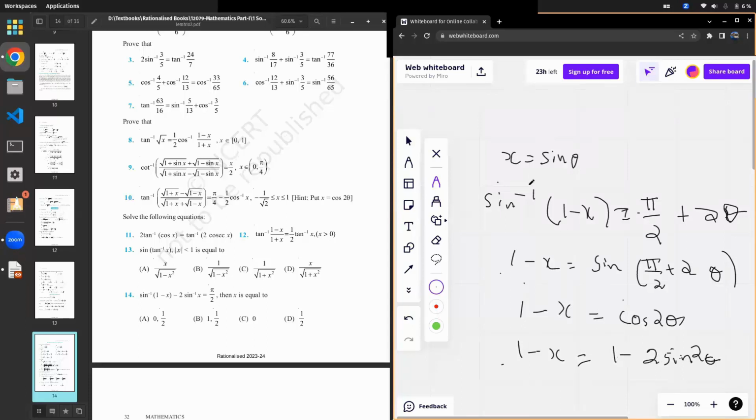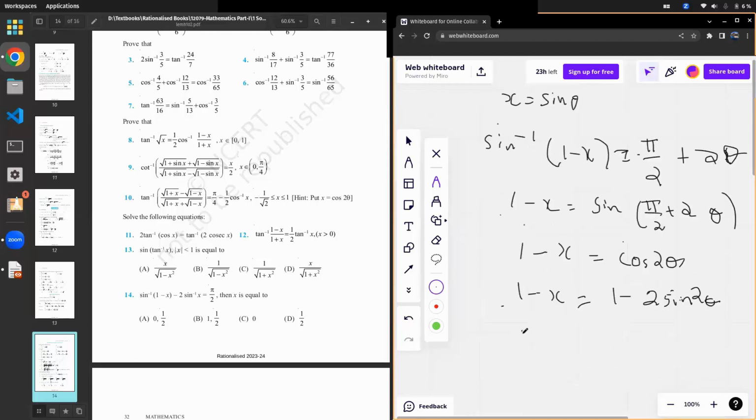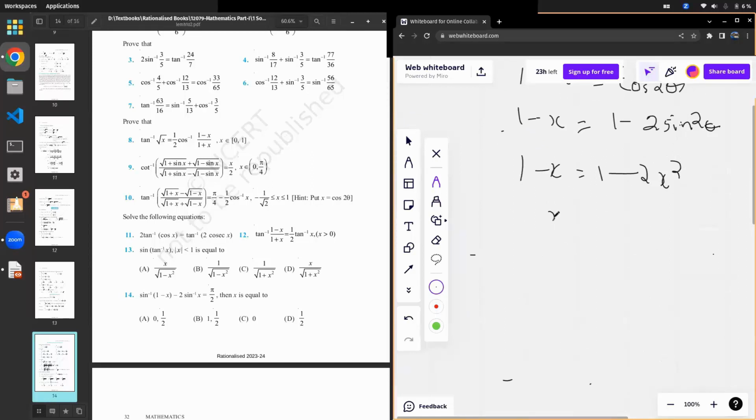Since we have used the substitution x is equal to sine theta, we'll get 1 minus x is equal to 1 minus 2x square. So this will be same as x is equal to 2x square. That implies x into (1 minus 2x) is equal to 0. We can say x is equal to 0 and x is equal to half are two solutions.